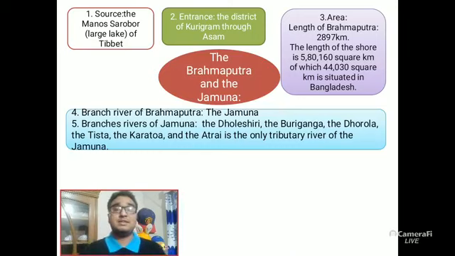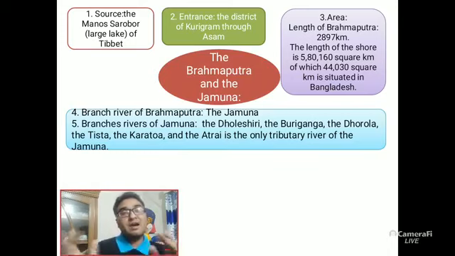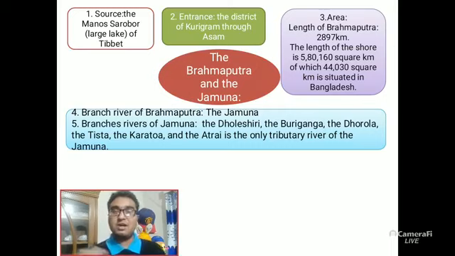The next point is the branch river of the Brahmaputra. Basically, there is only one branch river of the Brahmaputra, that is the Jamuna. Now the branch rivers of the Jamuna are the Dhaleshwari, the Buriganga, the Dharola, the Teesta, the Karatoya, and the Atrai is the only tributary river of the Jamuna.